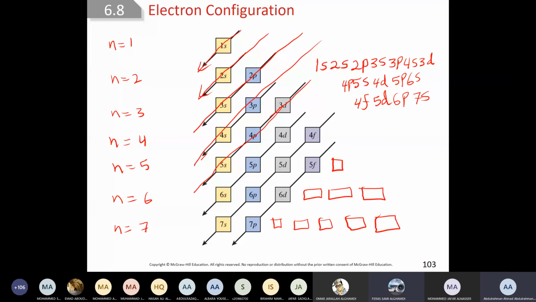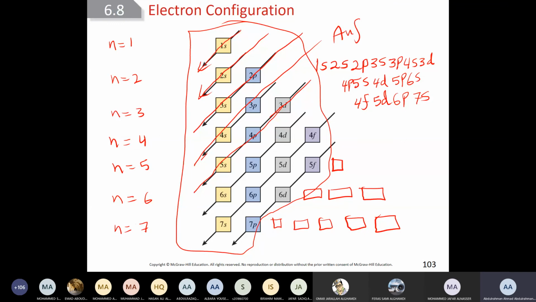I want you to memorize how to draw this box, and then you'll be able to write all of these things. This is called the Aufbau principle.